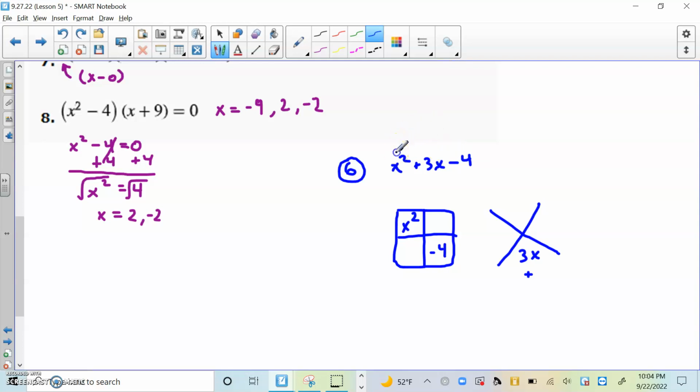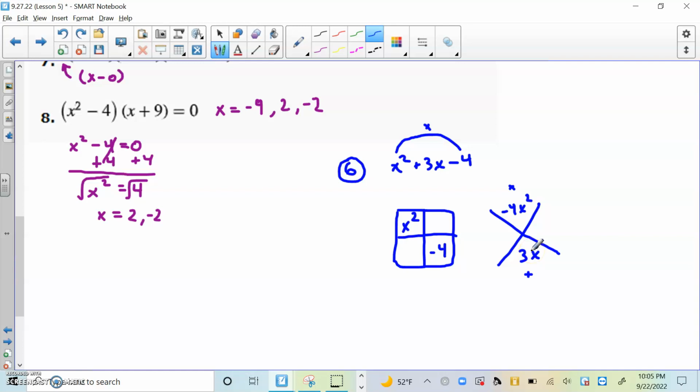Okay, we're multiplying them. -4 times x squared is -4x squared. And we need to find two numbers that multiply to make the top. I'll put a little multiplication sign here. And add to make the bottom.